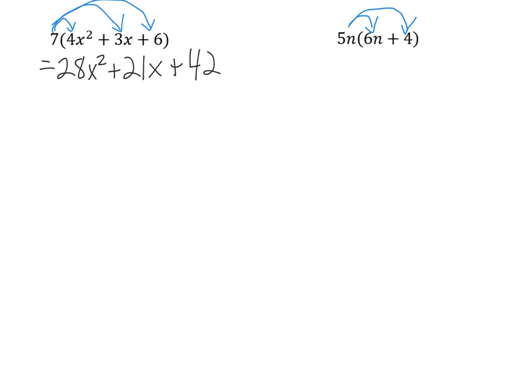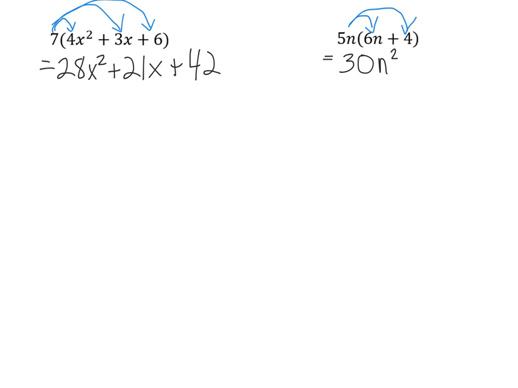So let's work out this question here. 5n times 6n, I'm multiplying the coefficients. I end up with 30. Now I'm multiplying the variables. I end up with n squared. 5 times 6 equals 30. n times n equals n squared.